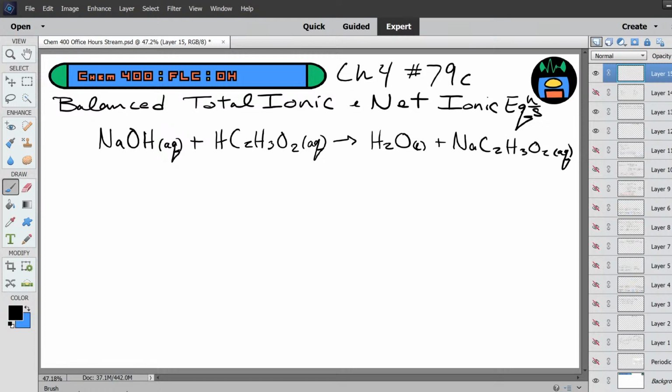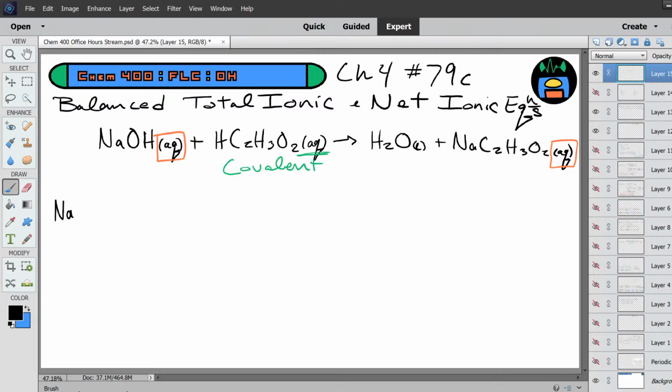Now for the total ionic equation, we need to take every aqueous ionic compound and break them up, separate the ion pairs. Even though acetic acid is in the aqueous phase right here, it's covalent, so we leave it alone. All right, let's break up every ionic compound.